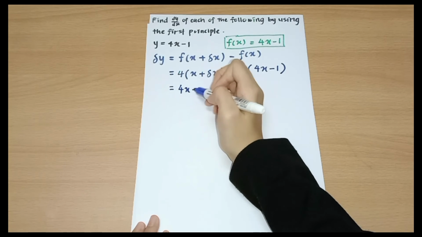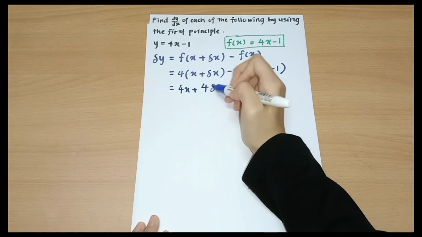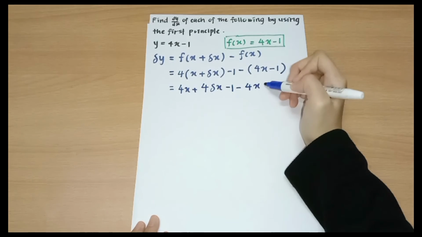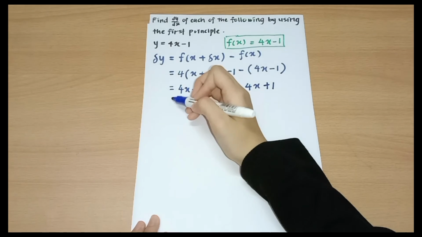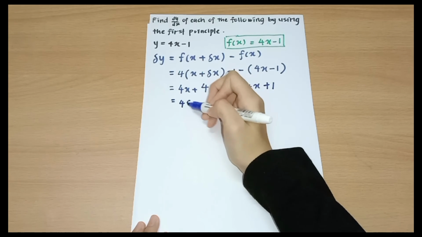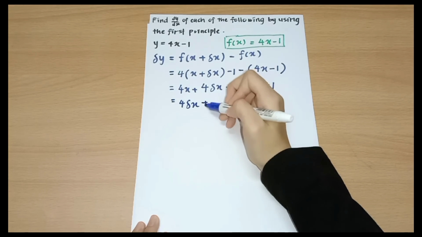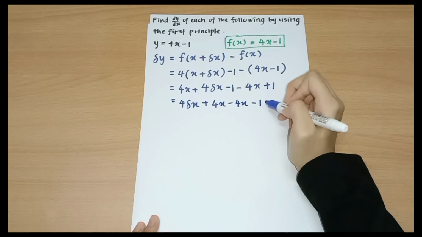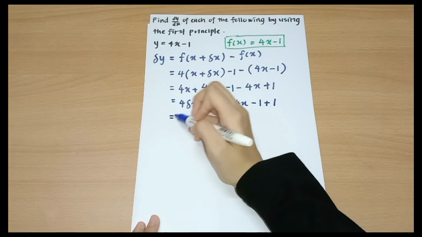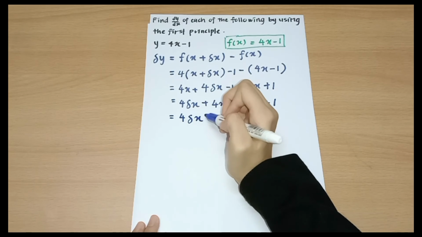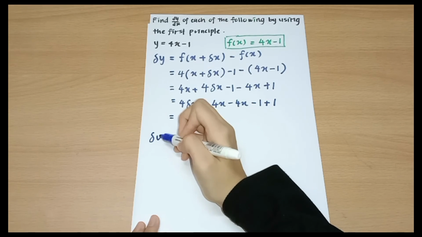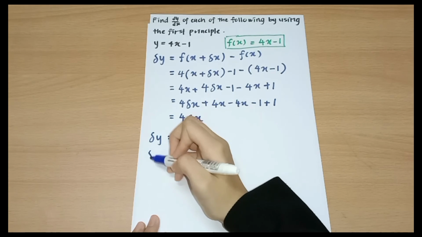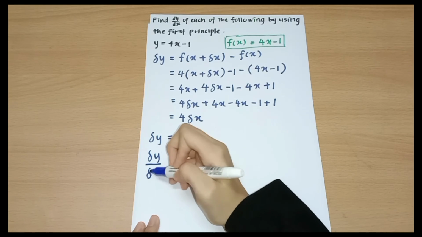Then we expand, become 4x plus 4 delta x minus 1 minus 4x plus 1. And do the operation and we'll get 4 delta x. To get delta y over delta x, we then move the delta x to the left side.